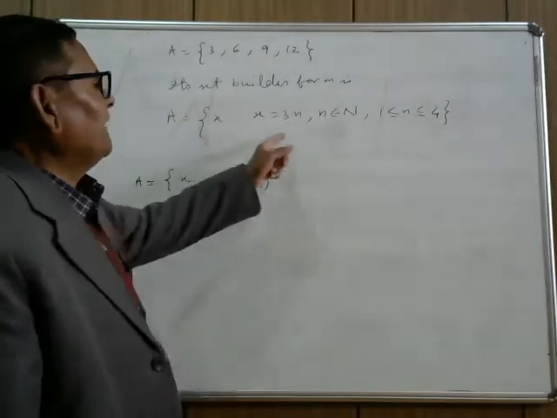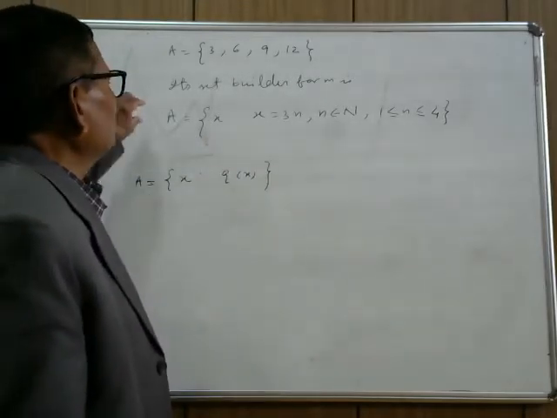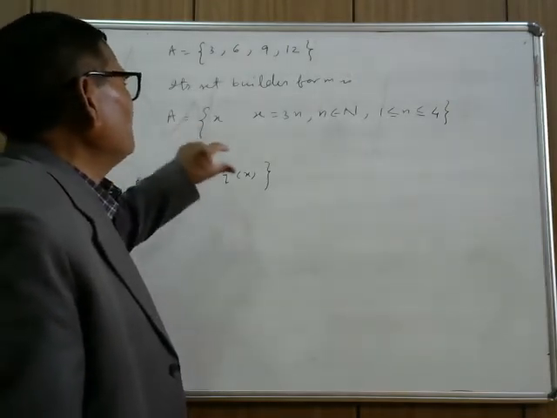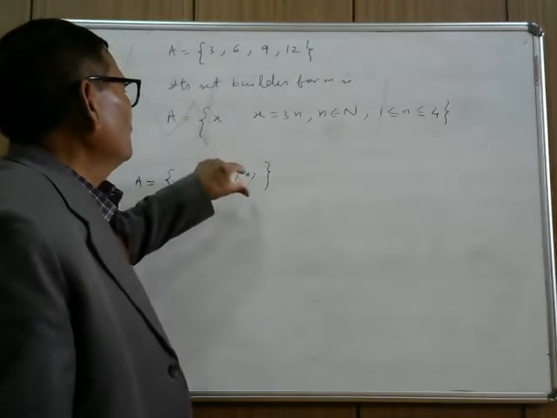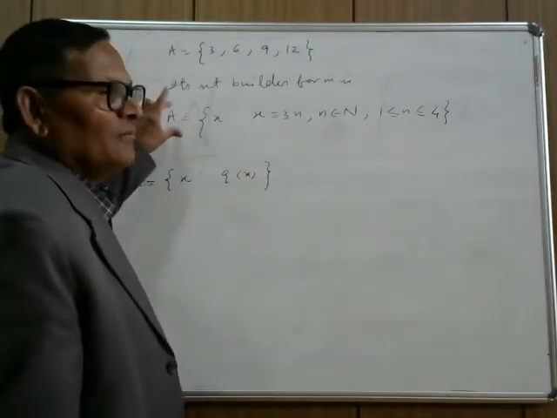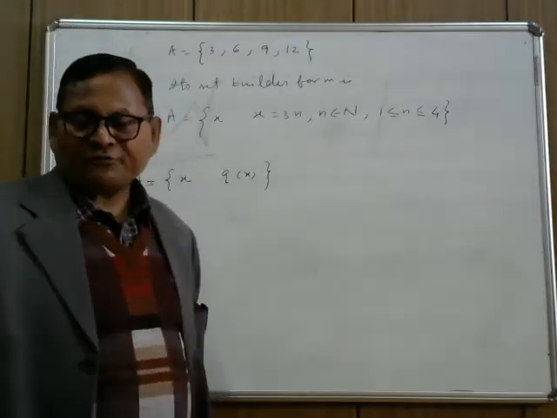So this satisfies the definition of set builder form. Therefore this is correct, because the condition for q(x) is true. That's why this is the set builder form of the given set A, which is given in roster form.